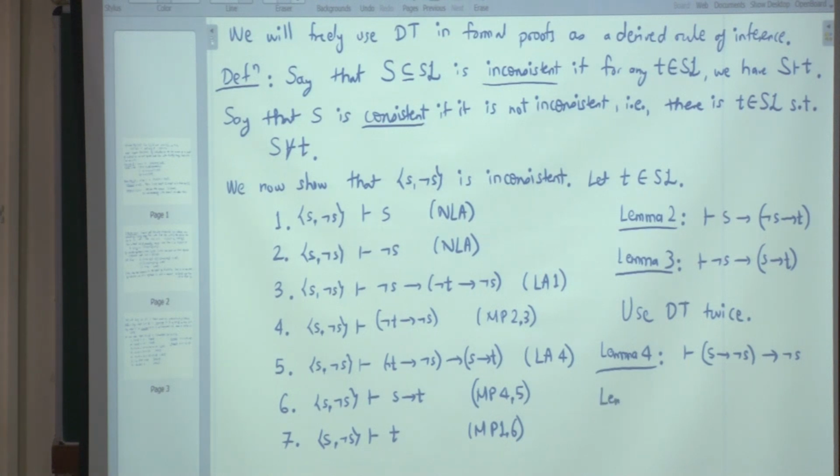I am not going to tell you any proofs at this point because they are tutorial problems. So you should at least have some fun. So lemma 5, this is called double negation introduction. S implies double negation S.